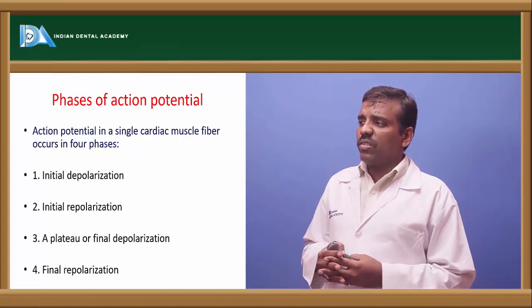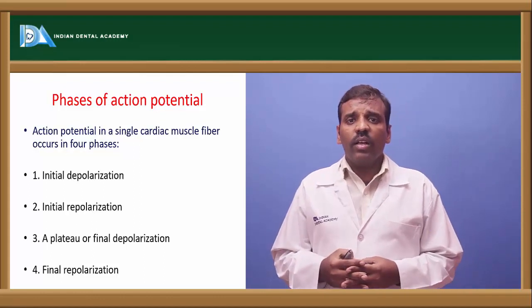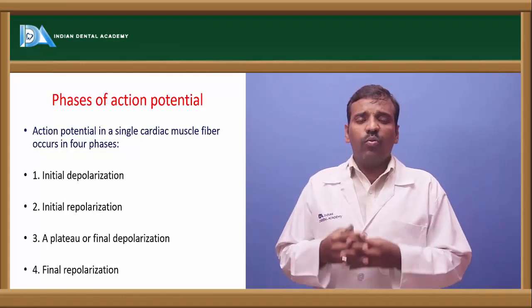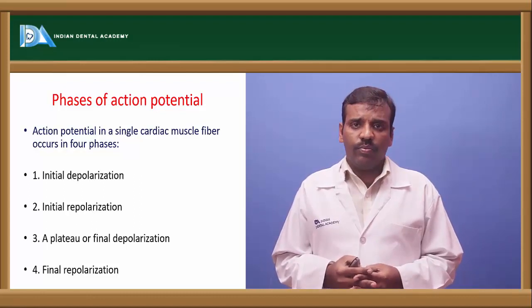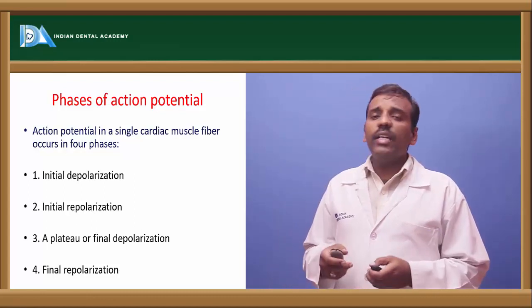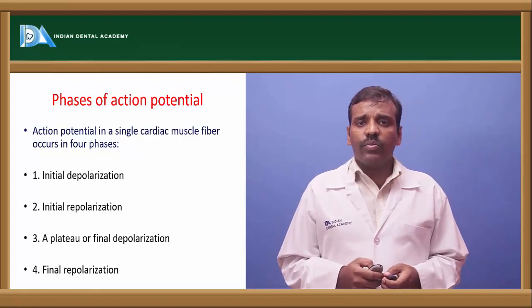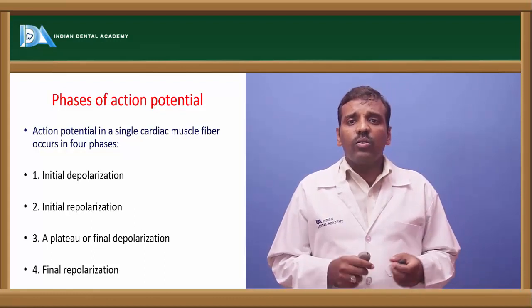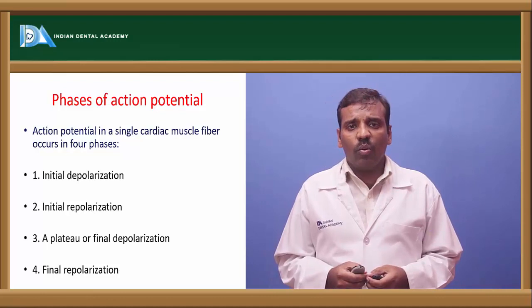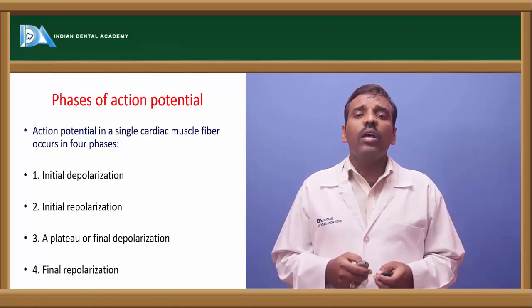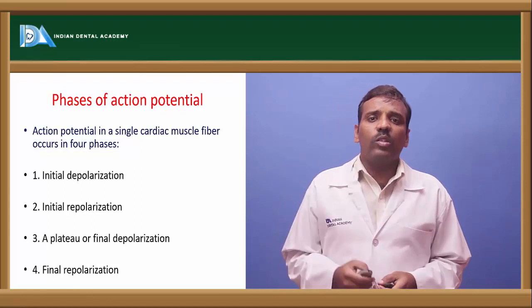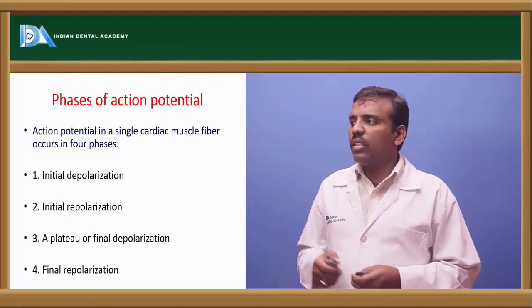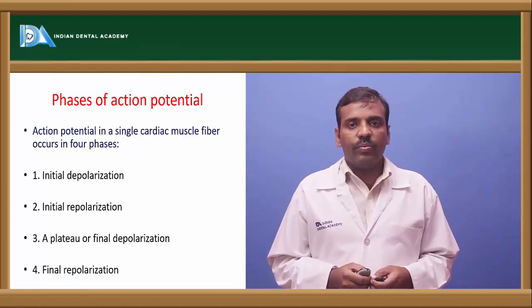So what are the phases? There are four phases that occur during this. One is initial depolarization. When the action potential is evoked, the initial depolarization, that is the firing level and the overshoot, all these come under the initial depolarization.